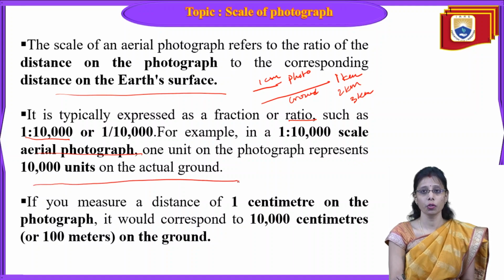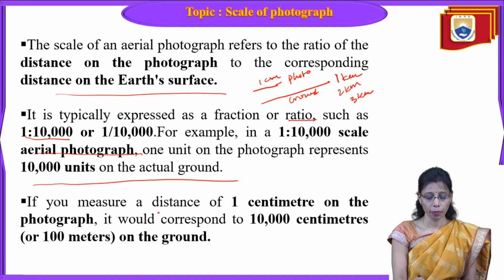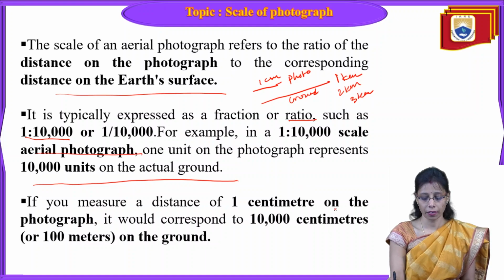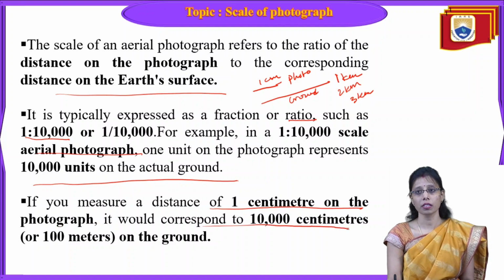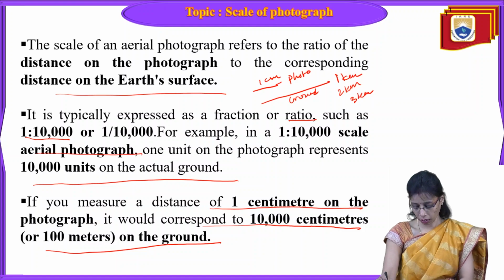That means 1 unit on the photograph, the same unit, will represent 10,000 units on the ground. So if you measure a distance of 1 centimeter on the photograph, it would correspond to 10,000 centimeters or 100 meters on the ground. So this is how we define the scale of the photograph.